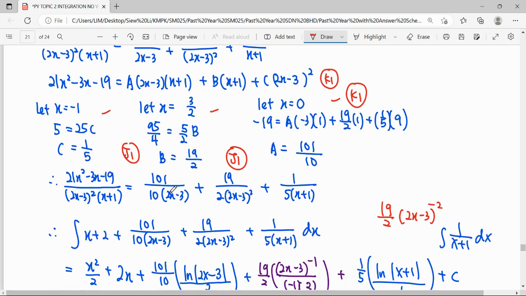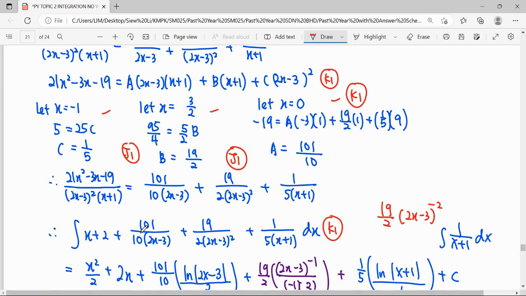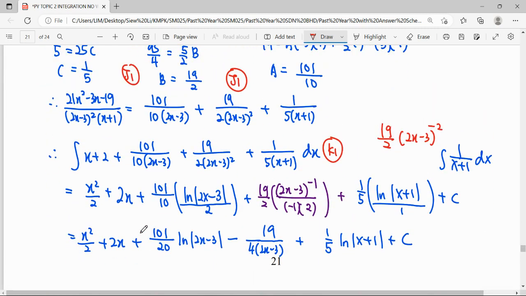Finally, we answer the question of integration. So express our integration in the form of partial fractions. For the first part, this is the concept of integrating using formula 1, 2. Meanwhile, this is another concept of integrating, which is integrating to get ln.